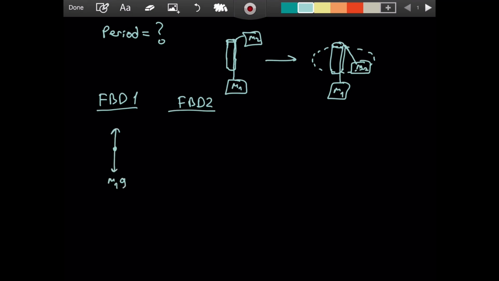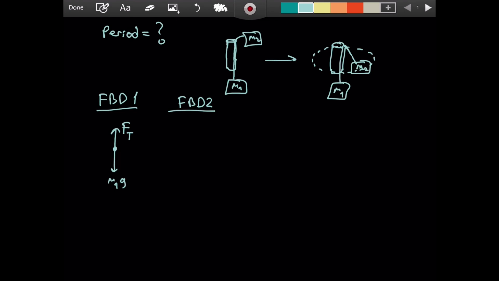And then there's going to be the tension force upwards, which I will call Ft. This is the force by the rope, and we're not caring about any frictional forces. We are neglecting all frictional forces. So these two are all the forces that act on the first object.